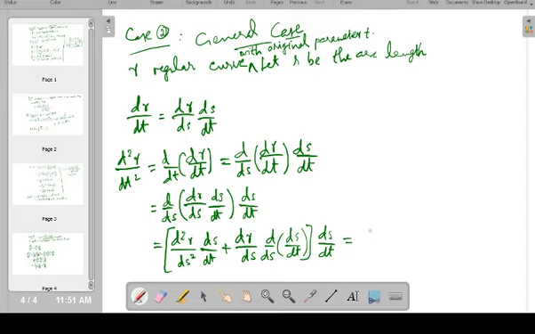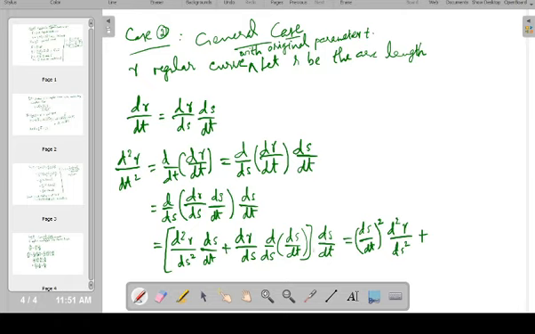So I will write ds by dt the whole square first, and d square gamma by ds square, plus, now look at the second term, d gamma by ds into d by ds of ds by dt into ds by dt. By chain rule, you can think of cancelling ds and ds.